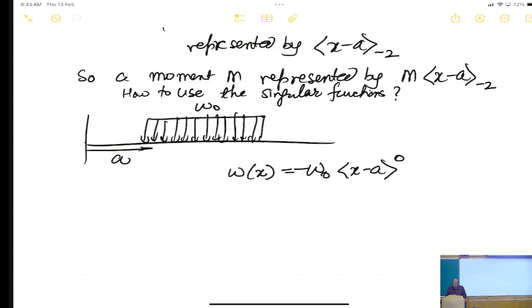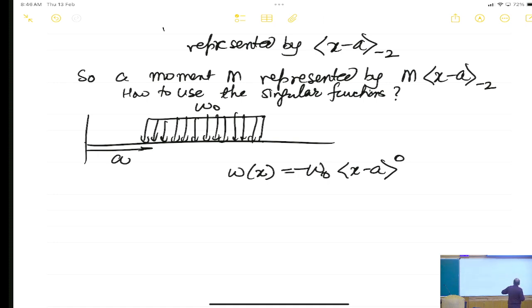So if we have a loading like this, which is starting from x is equal to a, it does not start from origin. So, we can express the loading as, because it is uniform, minus w 0 times x minus a to the power of 0. If it is a linear loading, then I will take it as x minus a to the power 1, to the power 2 and so on.